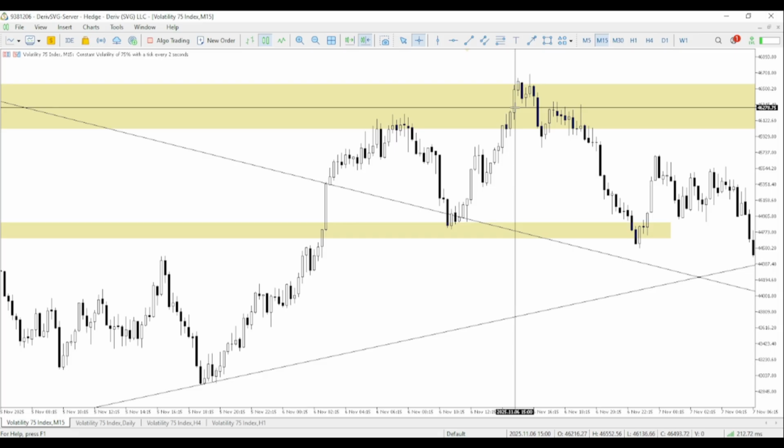It's better that you found 5 trades and you took 5 of them, and 3 went your way and you lose 2, or 4 went your way and you lose 1. That is very, very good. Or you took 2 trades and those 2 went your way, or you took 3 trades and 2 went your way and 1 didn't. That is a very good one.